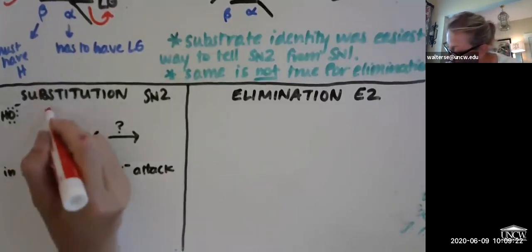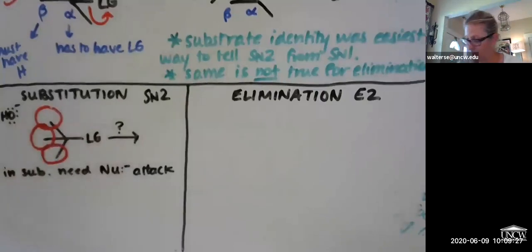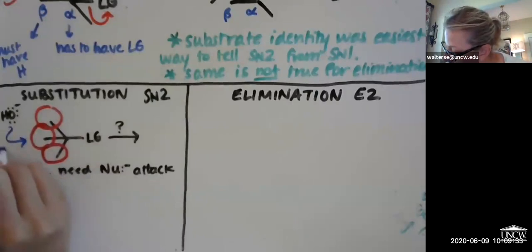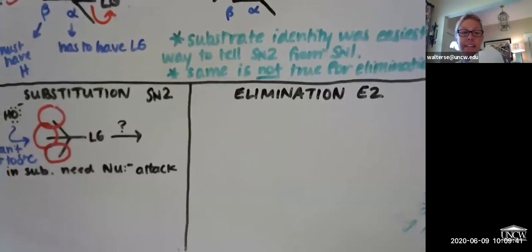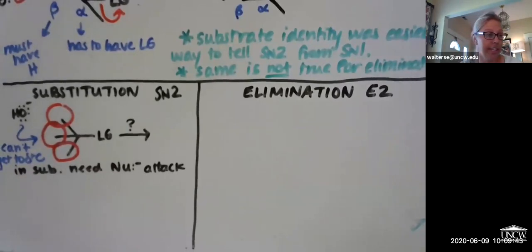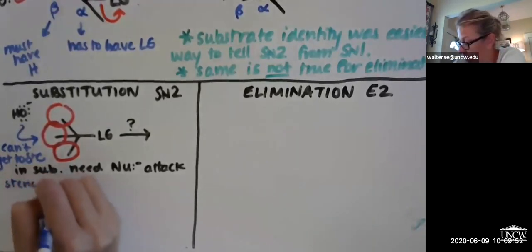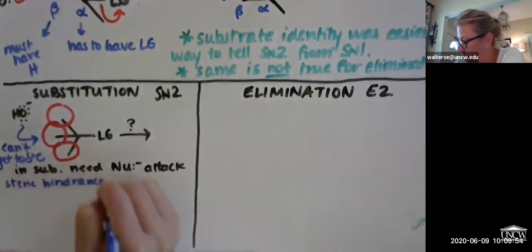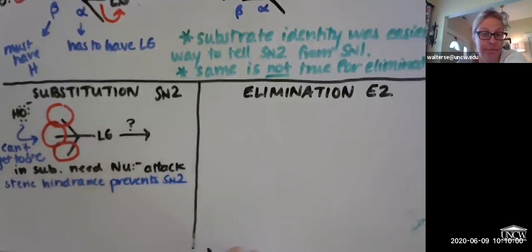But if you consider the size of these methyl groups, this hydroxide can't get to the partially positive carbon. It can't get in there to even do the nucleophilic attack. So you have steric hindrance that prevents the SN2 reaction.